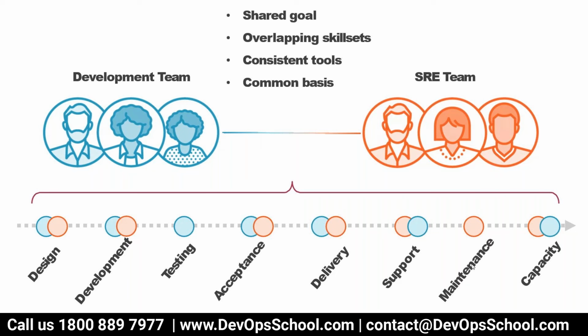Earlier, dev team and ops team were not talking, but now let's start talking and engaging with each other. So we are not merging the teams. Still, there will be two different hierarchy verticals, but they will collaborate much better during design, development, acceptance, support, and capacity planning. And then the question is, what do we call this model? So they started calling this model SRE, site reliability engineering.